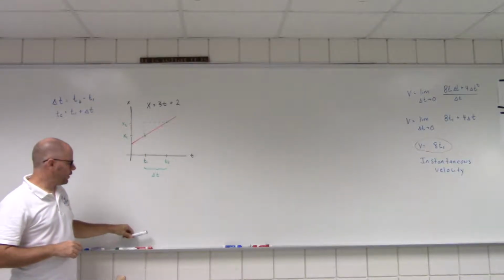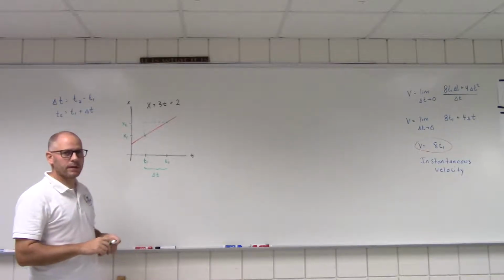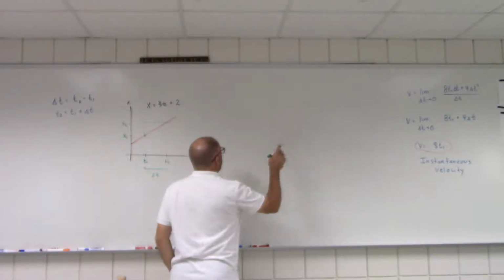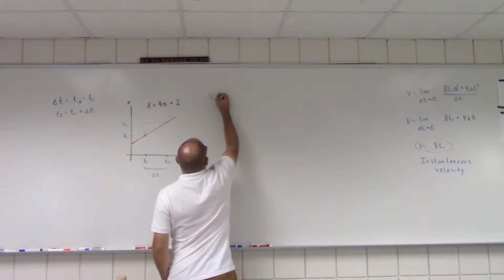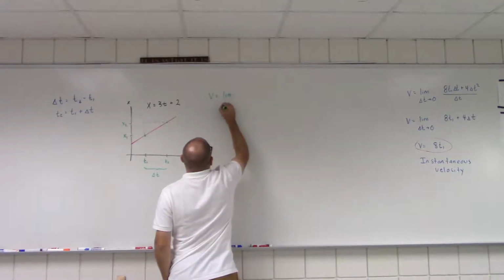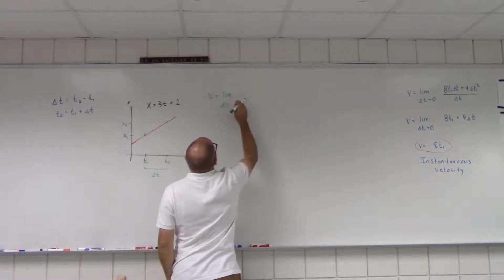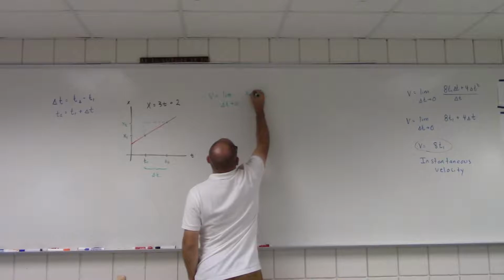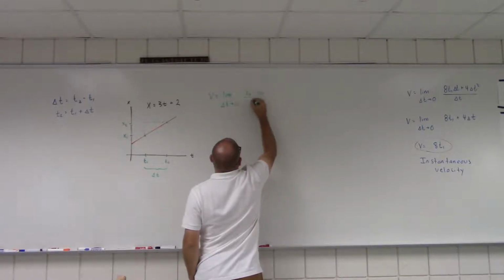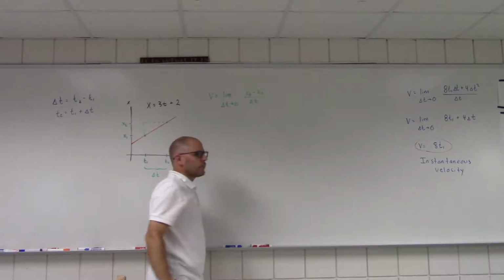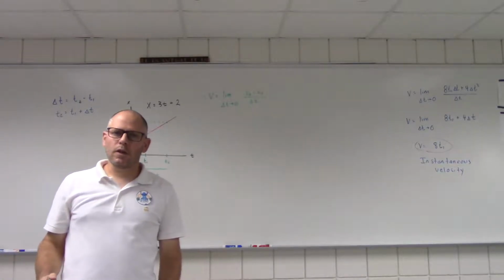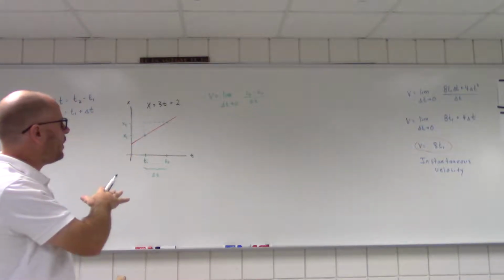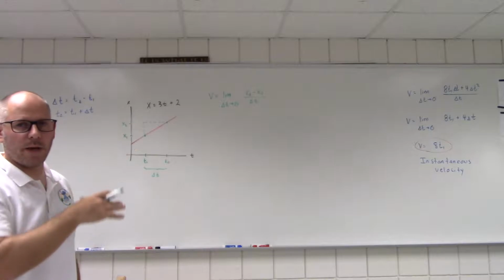So how am I going to express the slope? Well, according to what we did before, there's our expression: the slope is the limit as delta t goes to 0 of x2 minus x1.